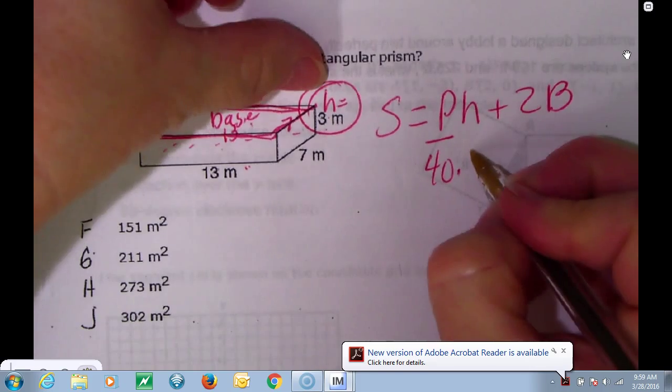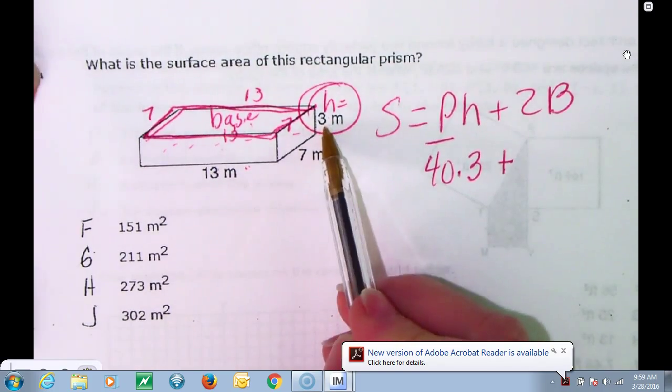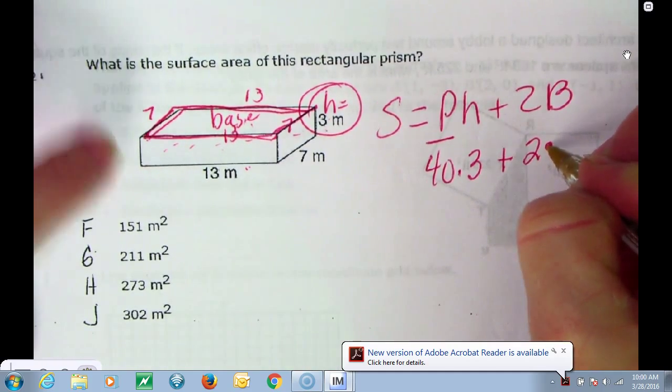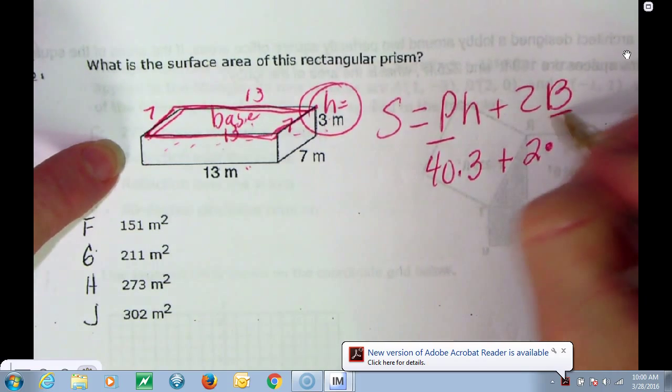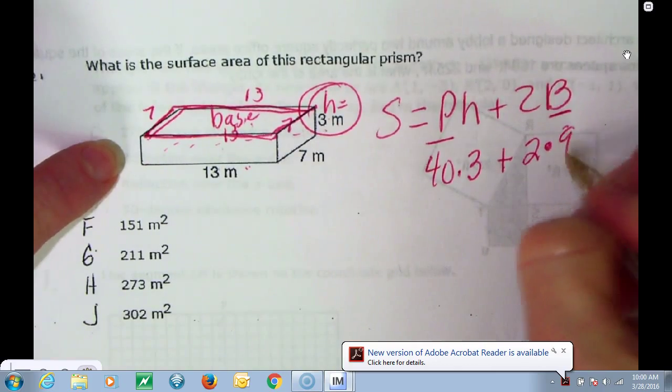Times what? 3. Right? 3 is the height. Plus 2 times. How do you get area of a rectangle? Length times width. 13 times 7 is 91.